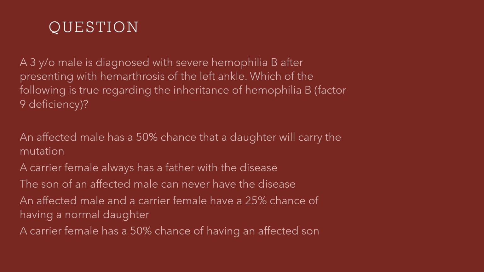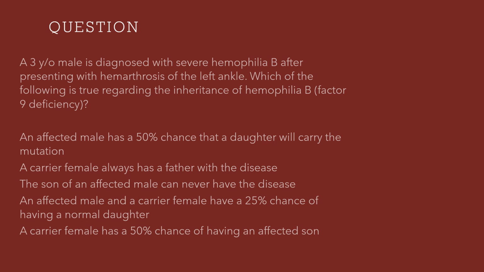A 3-year-old boy is diagnosed with severe hemophilia B after presenting with hemarthrosis of the left ankle. Which of the following is true regarding the inheritance of hemophilia B, which is factor 9 deficiency? A, an affected male has a 50% chance that a daughter will carry the mutation.